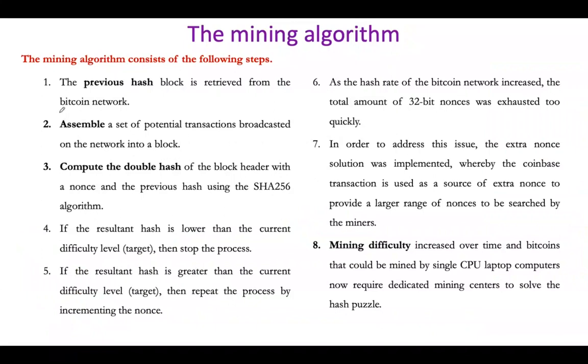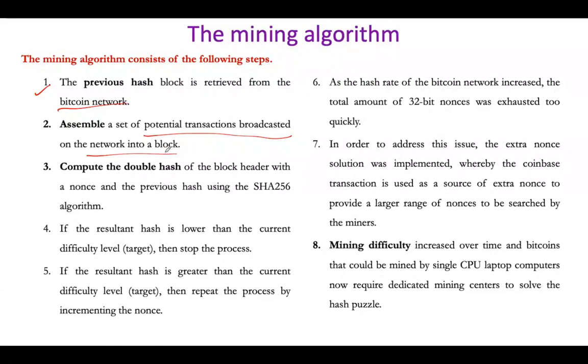So, what are the algorithm steps involved in mining? The mining algorithm consists of these steps. The first step is that the previous block hash is retrieved from the Bitcoin network. Second, they assemble a set of potential transactions broadcast by nodes on the network and add them into a block.